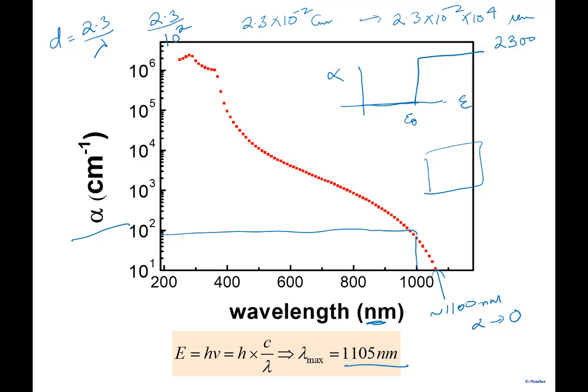So realistically, if the thickness of silicon that I'm going to use is, let's say, 200 micron or 250 micron, how many photons will it be able to absorb? Well, you have alpha, which is given over here, and you have 250 micron.